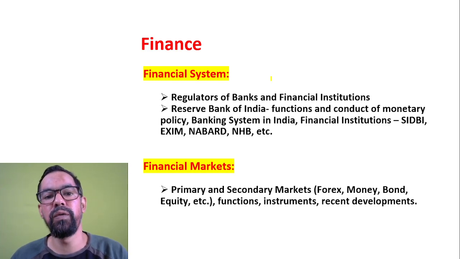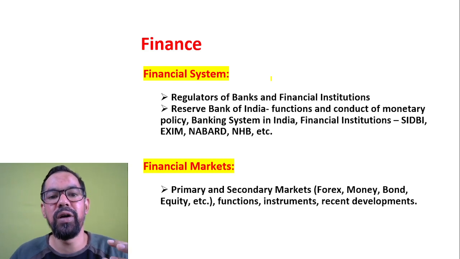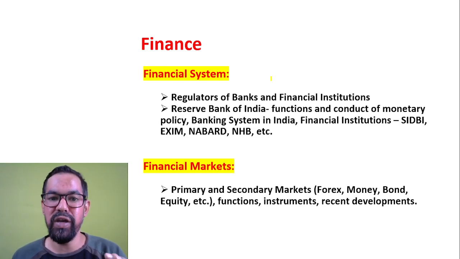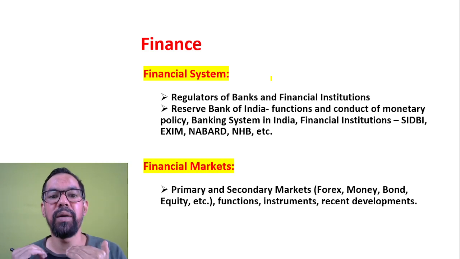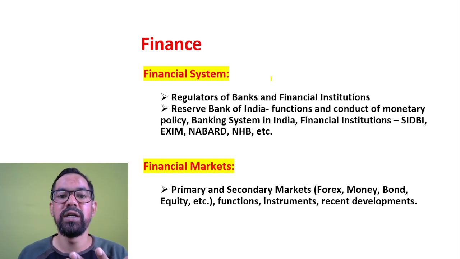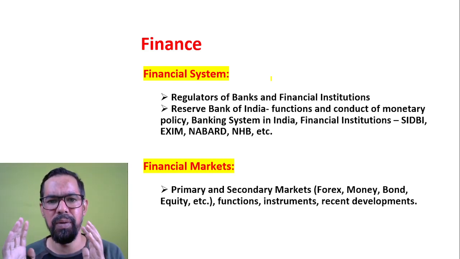So whenever we talk about finance, there is the financial market, where basically we study the financial instruments. We have a further classification into money market and capital market. In the money market we have a number of products, and in the capital market we have a number of products. We also have different areas like banking, stock market, share market, money market related things, insurance, mutual funds, and pensions.